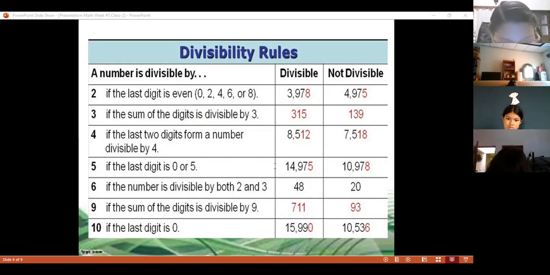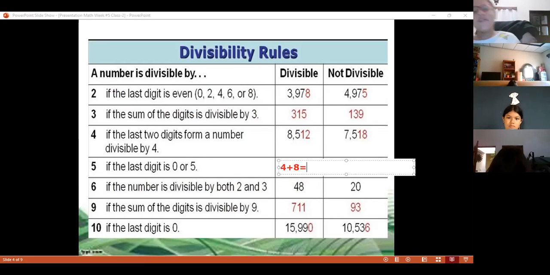We check. 4 plus 8, class, what is the answer? 12. Is 12 in the table of 3? Yes. Is it in the table of 6? Yes, so it's divisible.